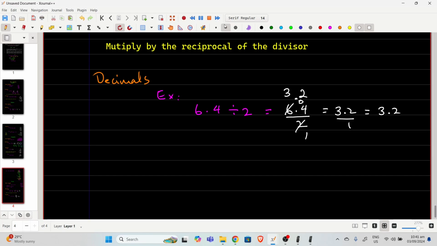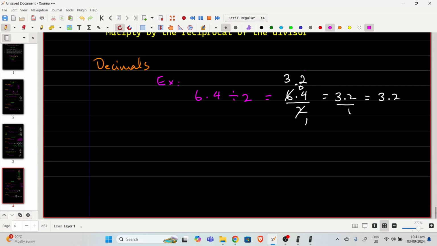Let me just do another example so that it looks a little bit more difficult. Let's say we have 7.1 divided by 3. 3 into 3 is 1. 3 into 7 is 2. I have 1 remainder. Carry that over here. 11 divided by 3 is 3 3s and 9.